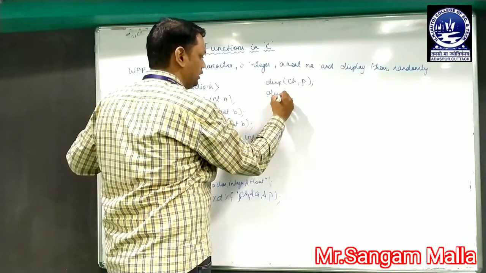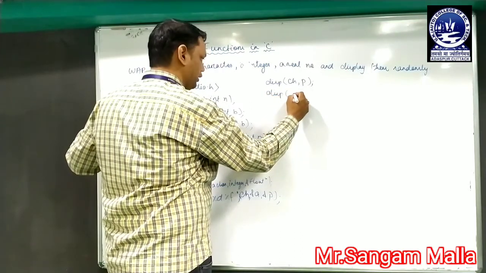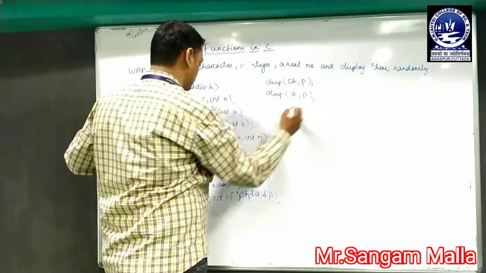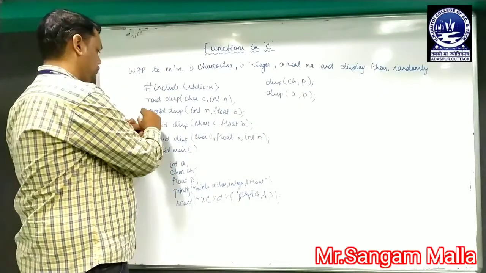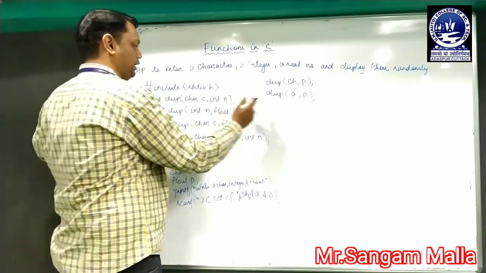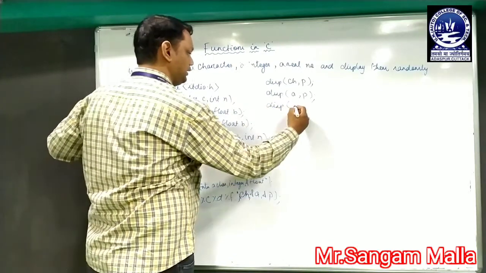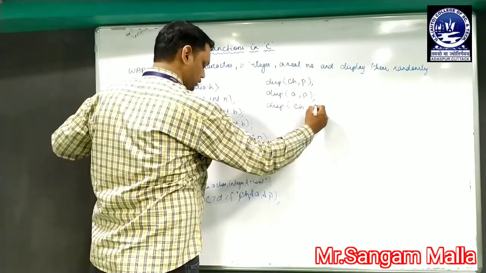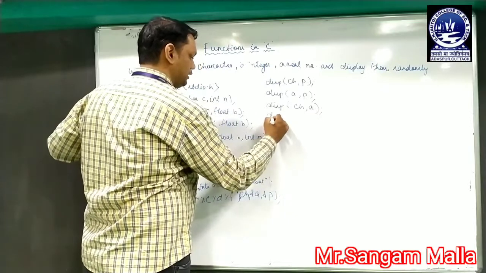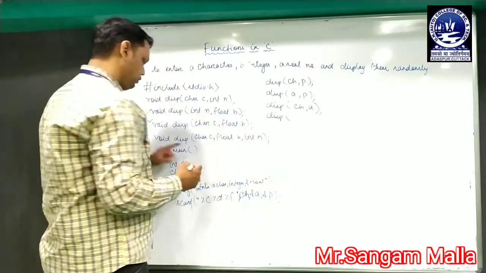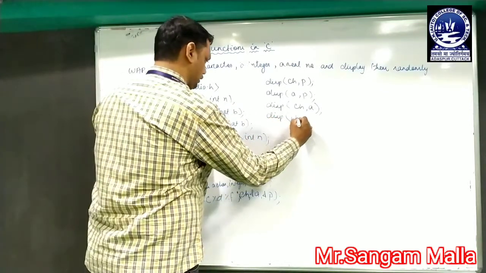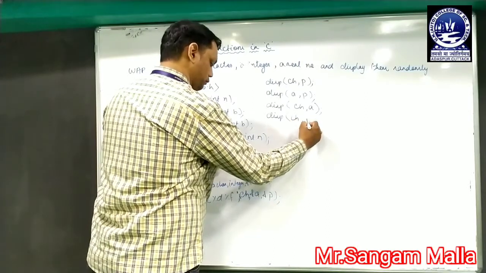Next I will call another display function with a and p, that means integer and float. Now I will call another display function, first the character and then the integer, let's say ch and a, and another display function having first ch, then p and then a.